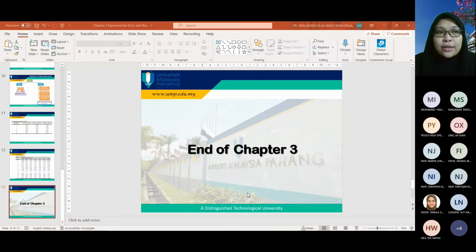Right. So that is chapter 3, on the types of errors and basic statistics for analytical chemistry measurement. You need to decide whether to accept or reject the value, and we have the Q-test and T-test, and also the number of replication in chapter 4 after this. If there is no question, let's move on to chapter 4.